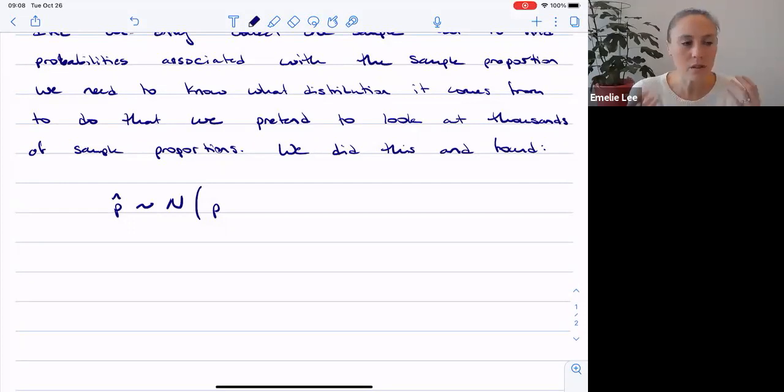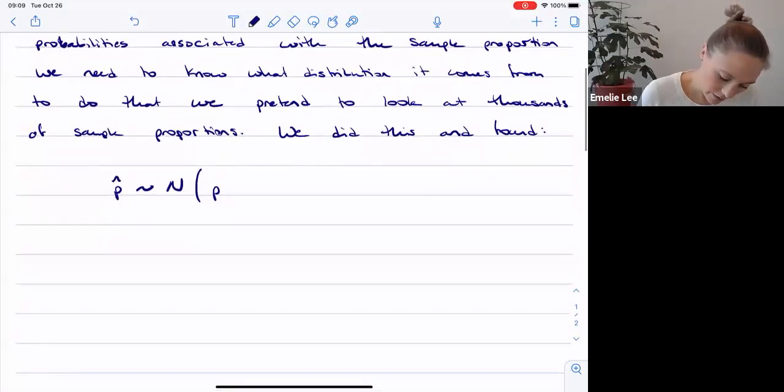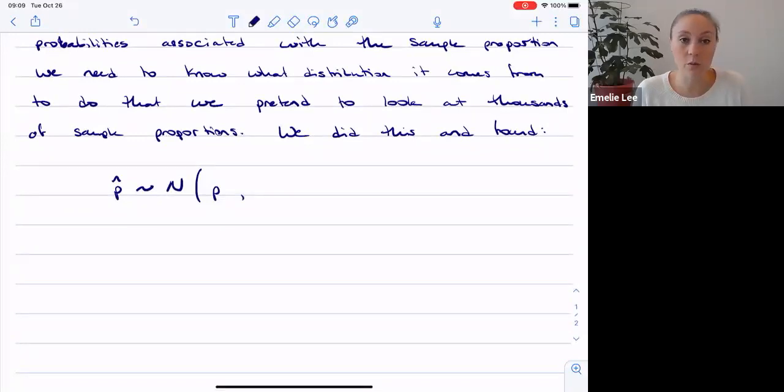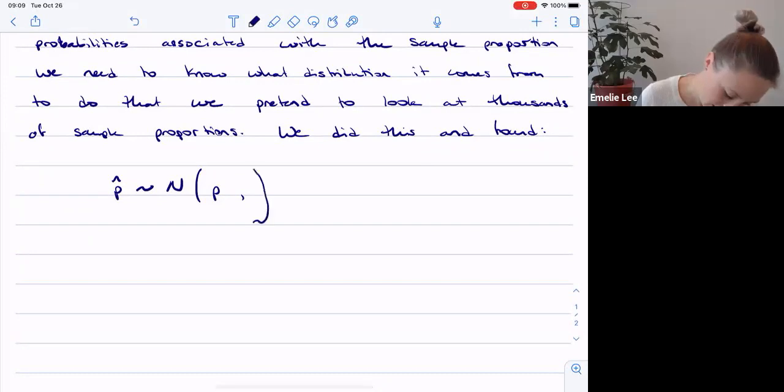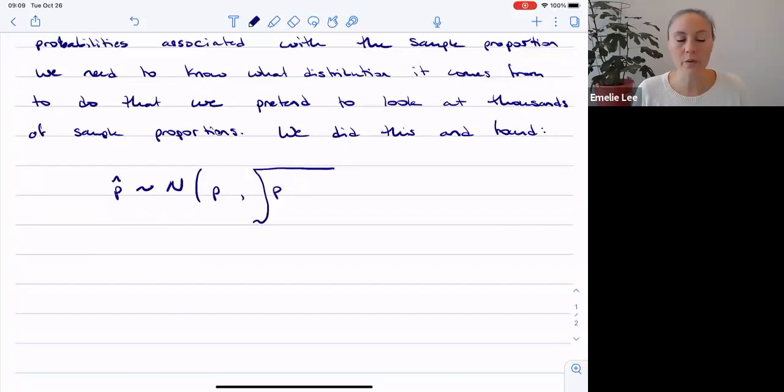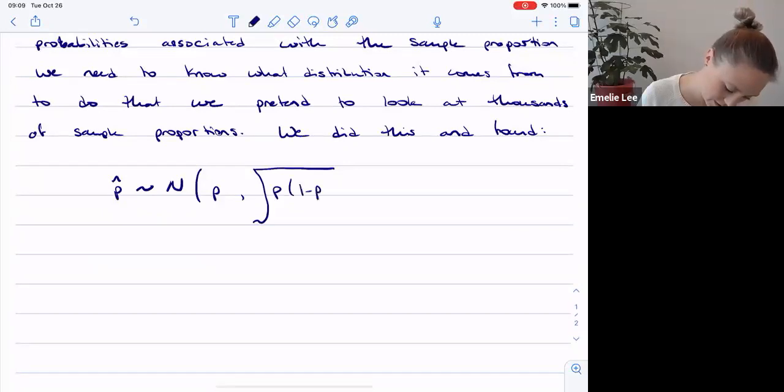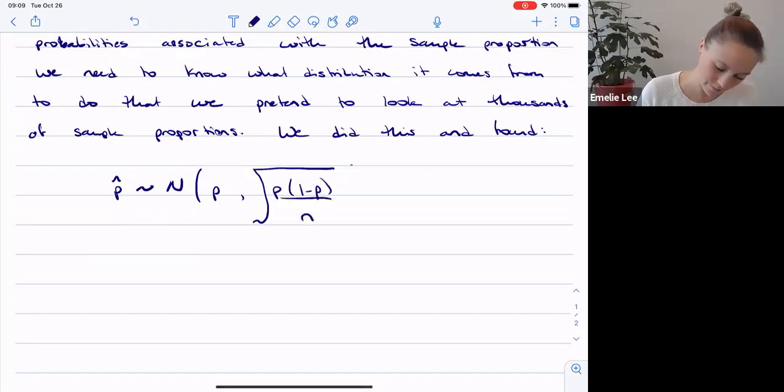We're going to get these extreme samples that we collect, but they're not very common, and that's why the curve gets smaller there. But they still happen. So if we have a normal distribution with a center of p, the population proportion, we said we're going to have a spread of the square root of p times 1 minus p over n.